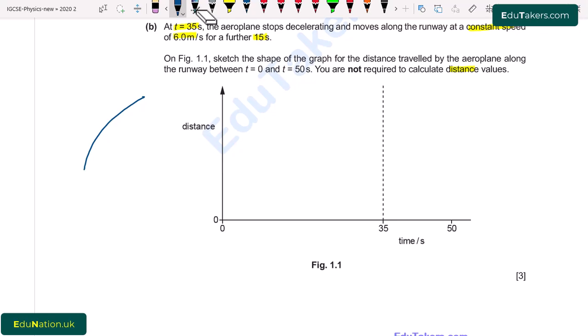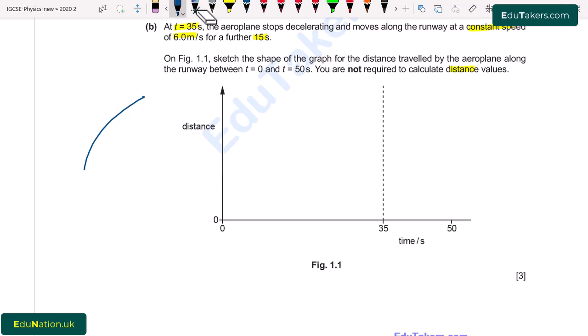It shows that the speed is changing and the gradient is decreasing, which means that the aeroplane is decelerating. So when I draw here, I start from t = 0, where the distance travelled by the aeroplane at time t = 0 is 0 meters.